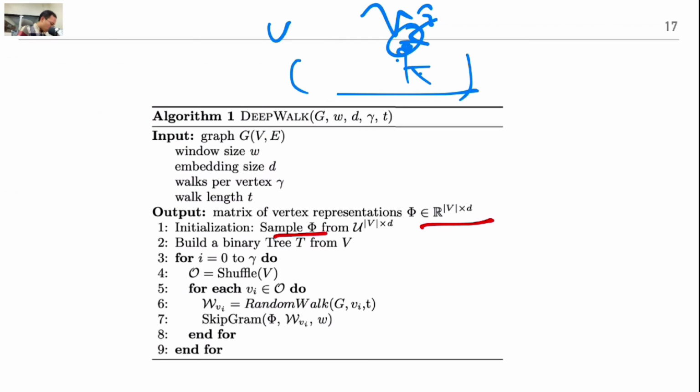We initialize randomly the latent representation, right? This is also called the latent representation. I try to use one terminology, but yeah, for your information. So the vertex representation, and we initialize it randomly.